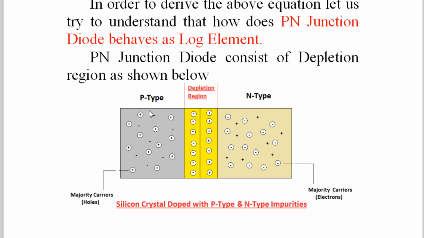In P-type material, holes are majority charge carriers, and in N-type semiconductor material, electrons are majority charge carriers.